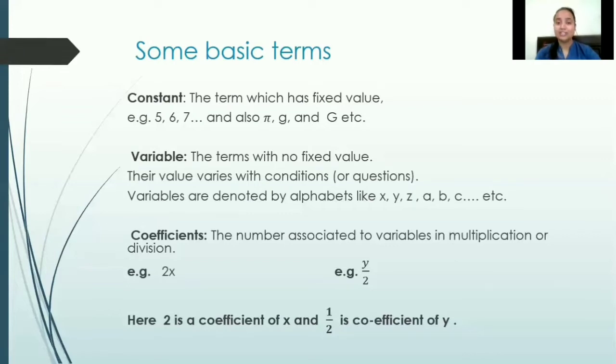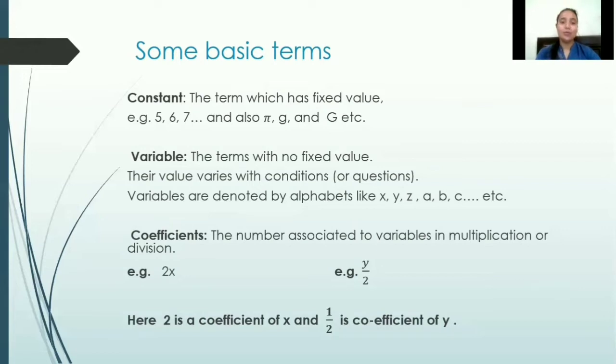The small g is gravitational acceleration, and it also has a fixed value of 9.8 meter per second square. And capital G is the gravitational constant, which also has a fixed value. That's why pi, small g, and capital G are also constants.